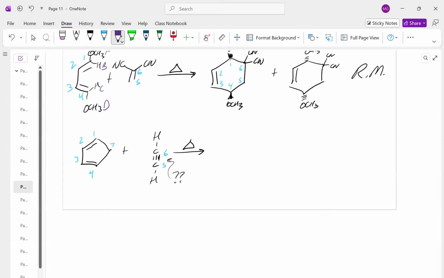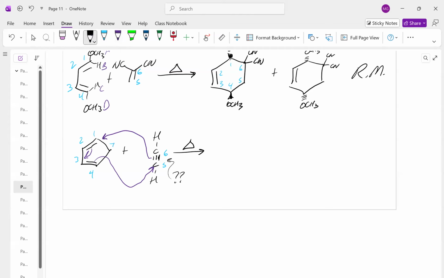And I really want to emphasize the mechanism here with this because I'm going to use one pi bond to do that. So if I take away one pi bond from that triple bond, how many pi bonds are left between carbons 5 and 6? So shout that out to your computer.